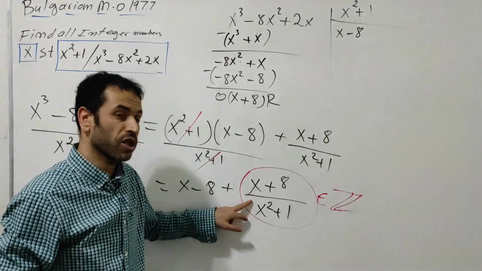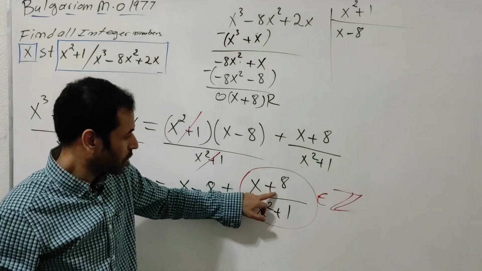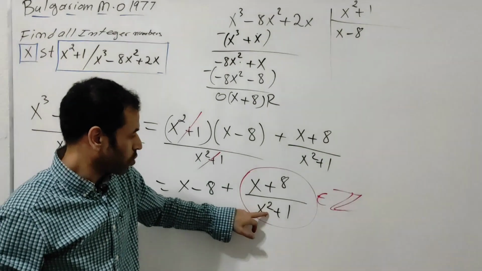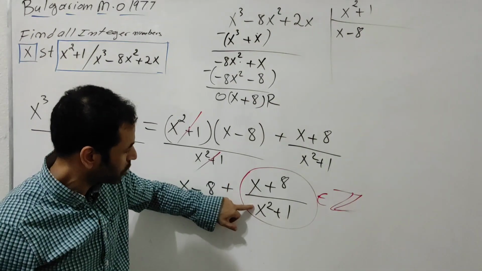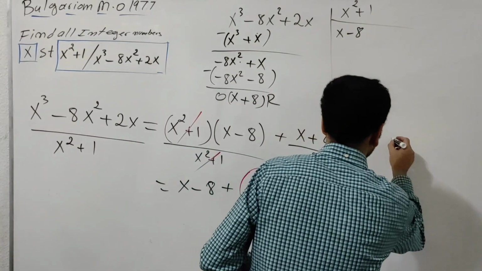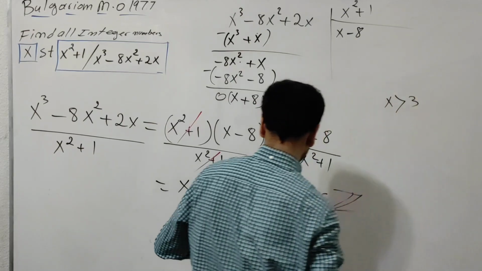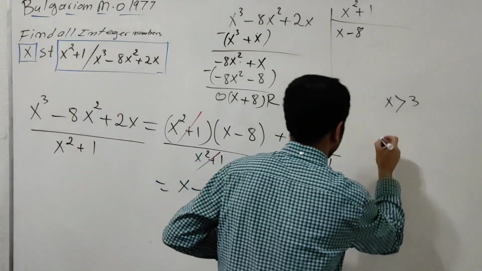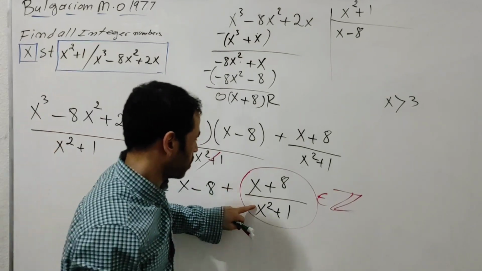In order to have this fraction be an integer, we must have x squared plus 1 divide x plus 8. In order for this term to divide this one, the numerator must not be smaller than the denominator. But if x is strictly greater than 3, the denominator gets bigger and the numerator gets smaller than the denominator.